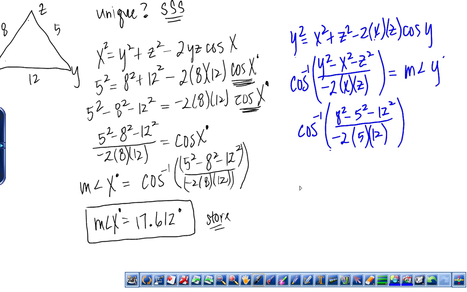Okay, I'll give you a minute to plug that into your calculator. The measure of angle Y looks like it is going to be 28.955 degrees.